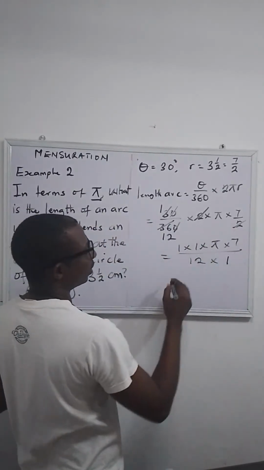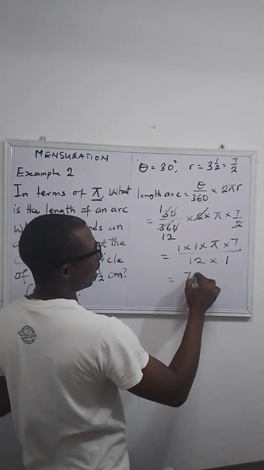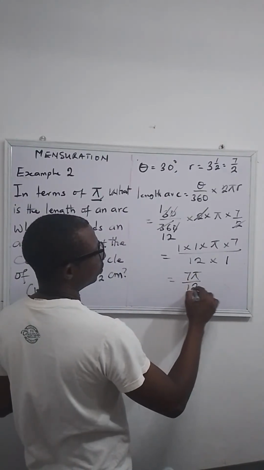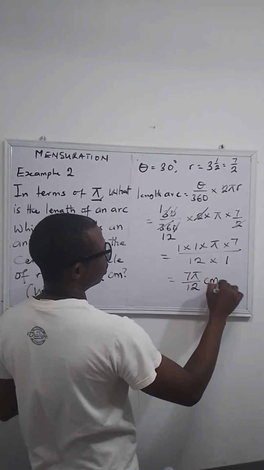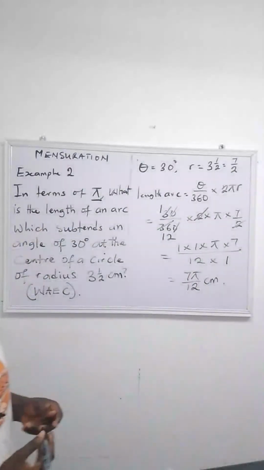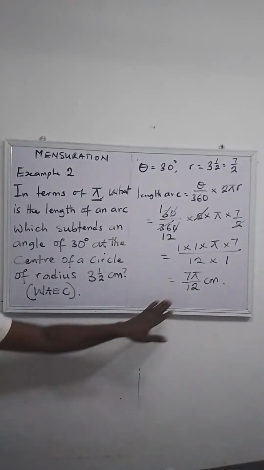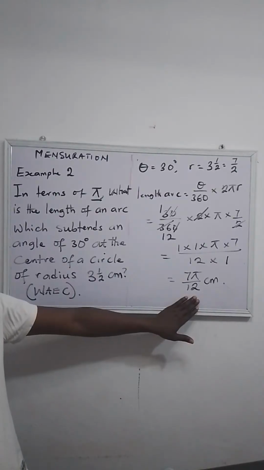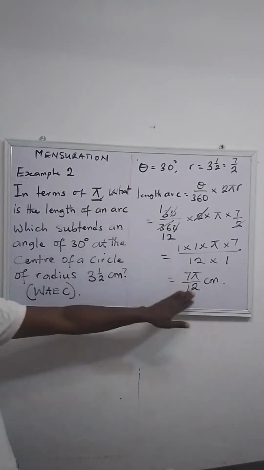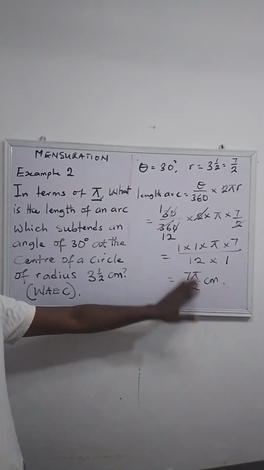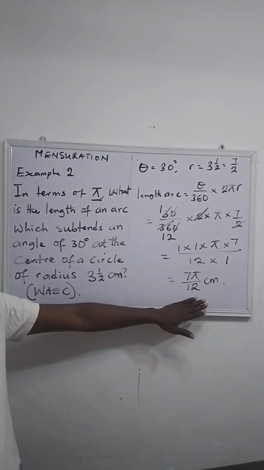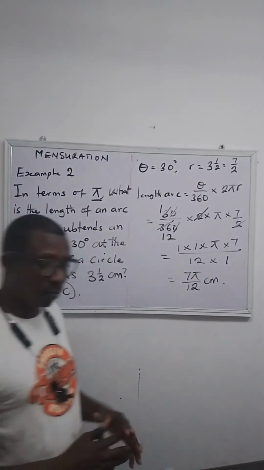So we have 7 pi over 12 centimeters. This is the length of the arc in terms of pi. You can see our answer is in terms of pi. I want to believe you all get that.